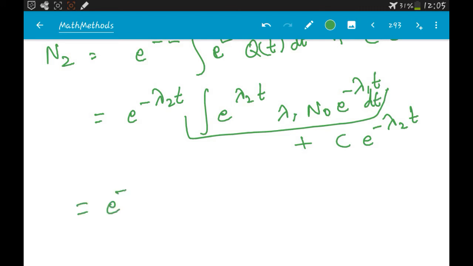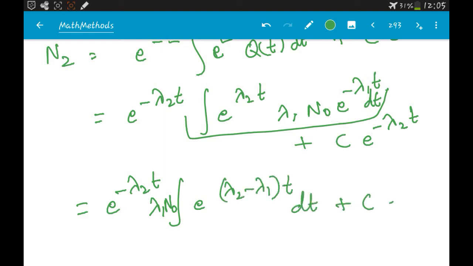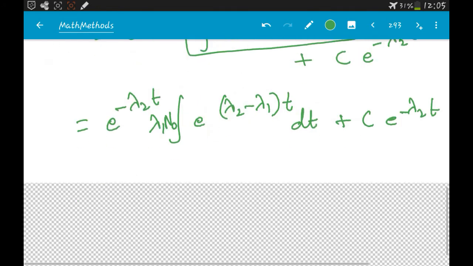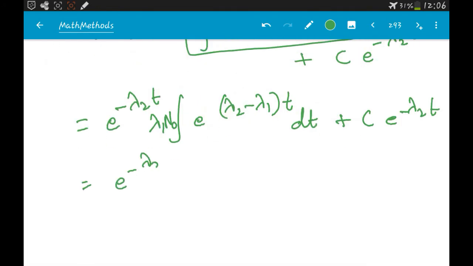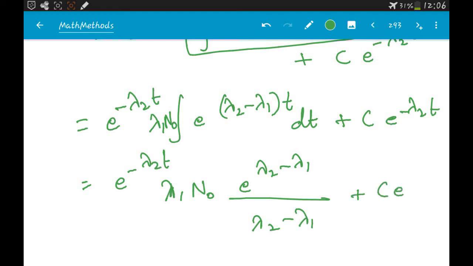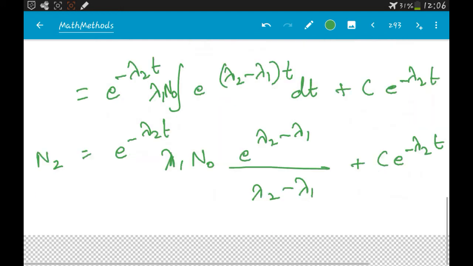So this is going to be e power minus lambda 2 t, with lambda 1 N naught taken outside because those are constants, the integral of e power lambda 2 minus lambda 1 times t dt. So this is your N2.